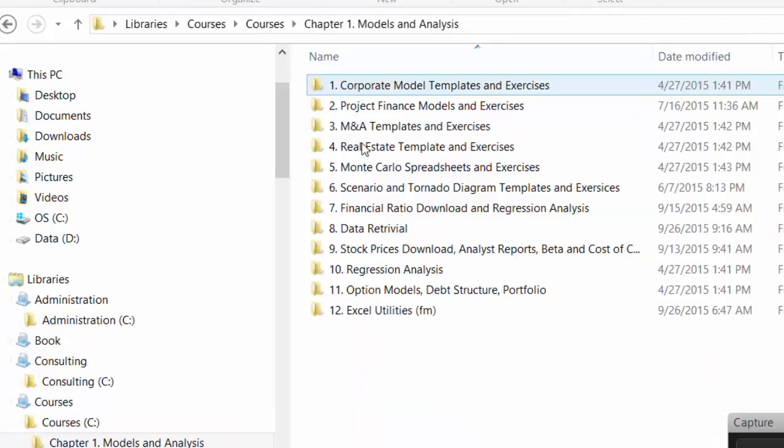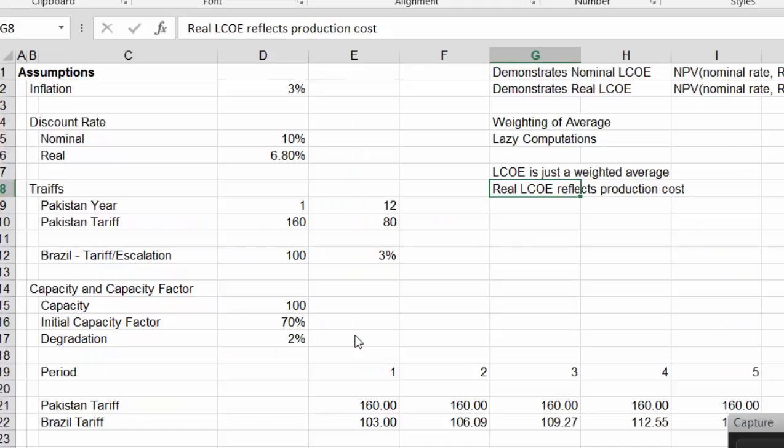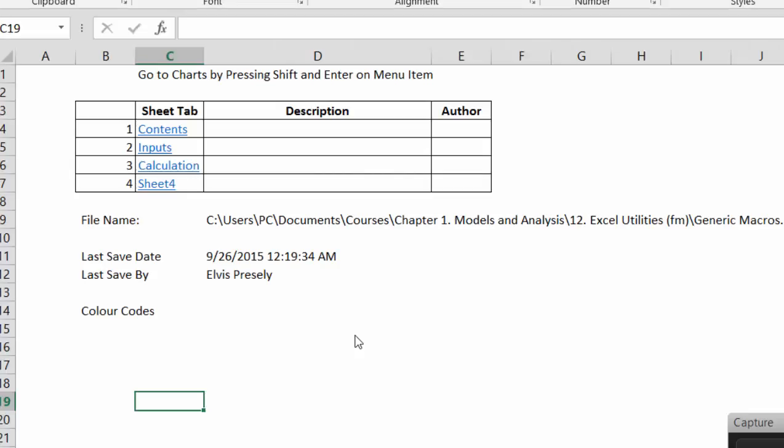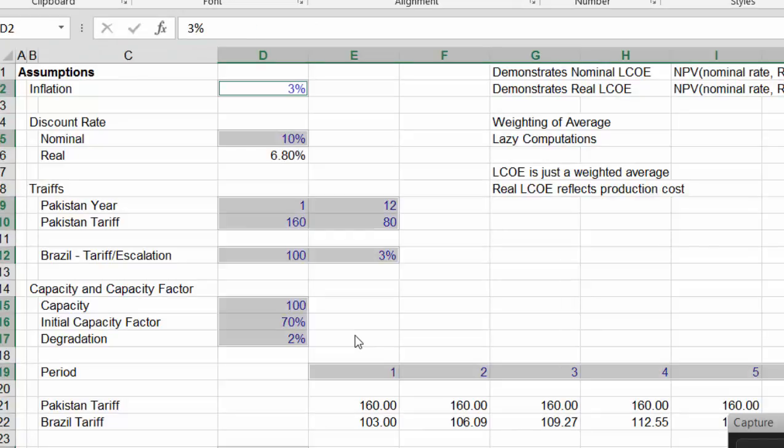Under Chapter 1, you go to Excel Utilities, which has the key files. Let's get the generic macros. Okay, and when we do this, Shift Control C, here are some of our inputs.